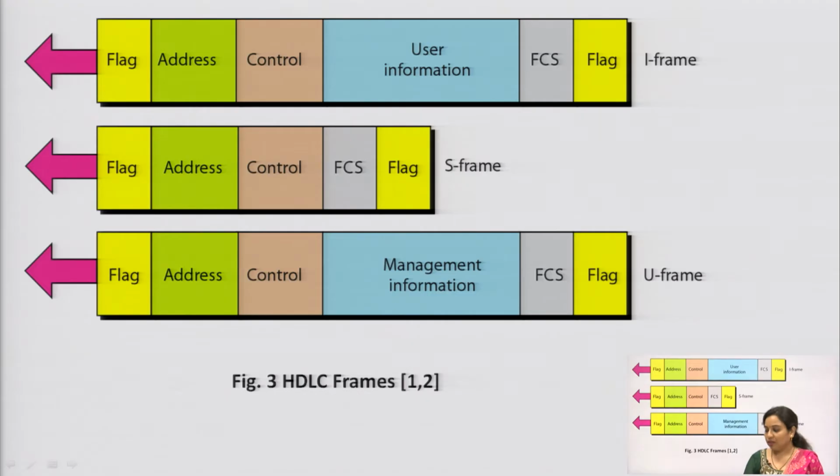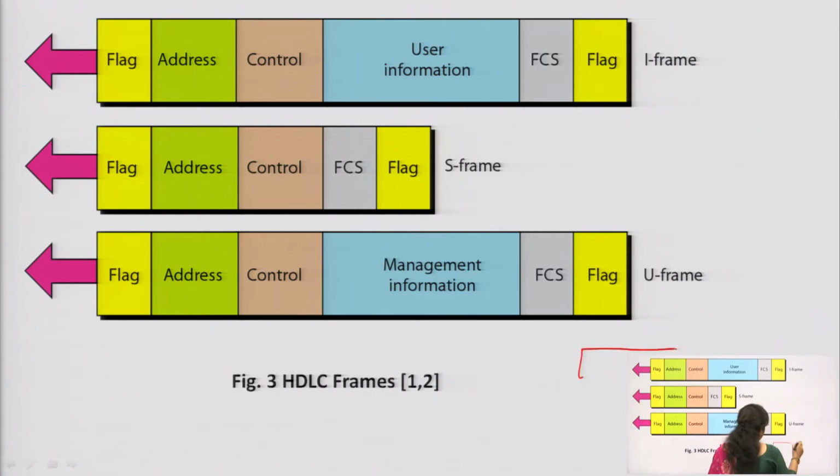Now, next we will see how the information will be transmitted in case of HDLC, in case of frames. The main aim, or the main work of the data link layer, which is a part of the OSI model, is to form the frame. How are the frames formed?